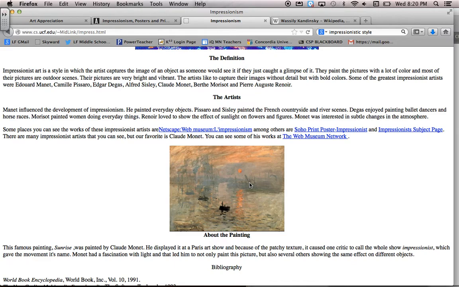What we know about it so far is that they tried to take a glimpse of an object or someone. They painted with a lot of color. Most of the time it was an outdoor scene, or in plein air. And they tried to create vibrant images.